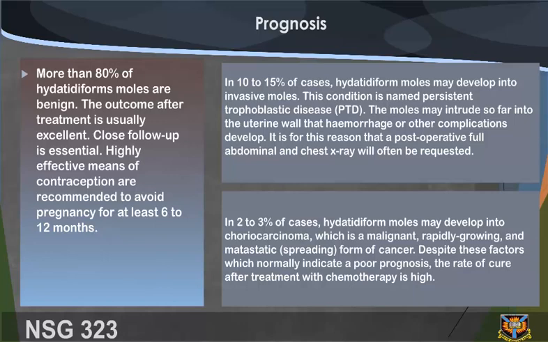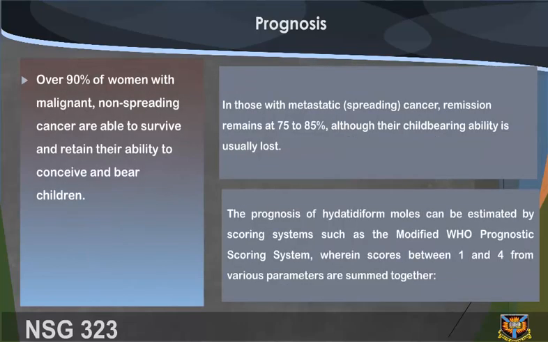In 2 to 3% of cases, hydatidiform moles may develop into choriocarcinoma, which is a malignant, rapidly growing, and metastatic, spreading form of cancer. Despite these factors, which normally indicate a poor prognosis, the rate of cure after treatment with chemotherapy is high. Over 90% of women with malignant, non-spreading cancer are able to survive and retain their ability to conceive and bear children.